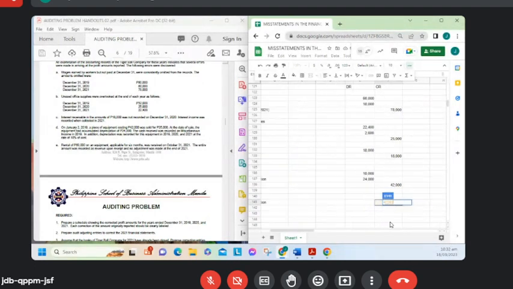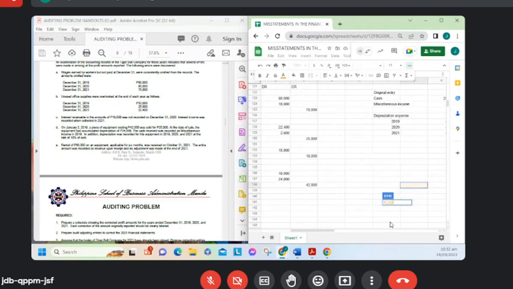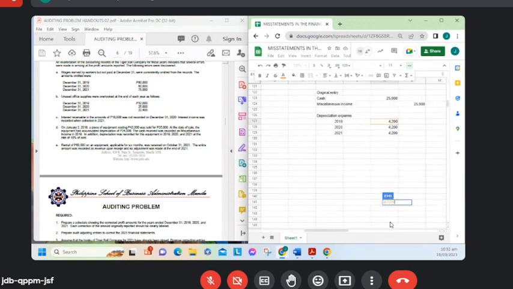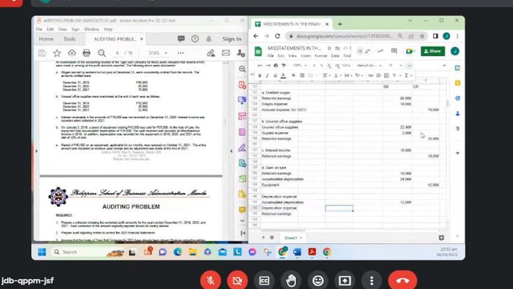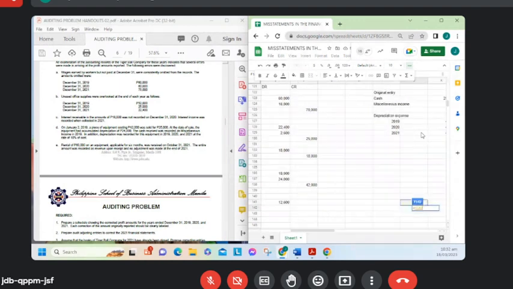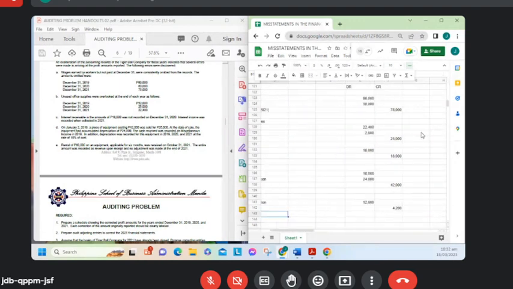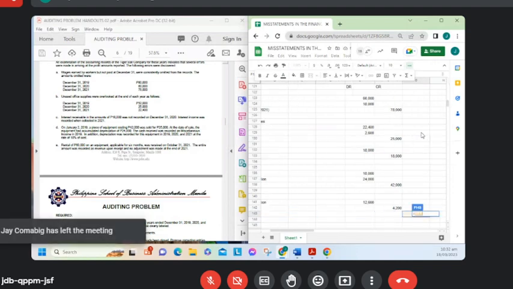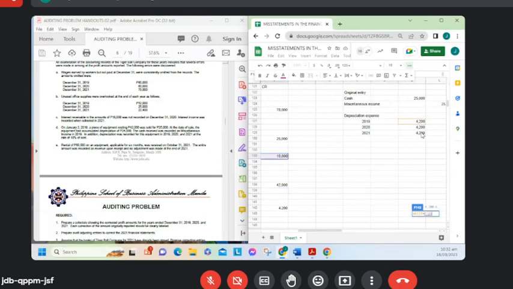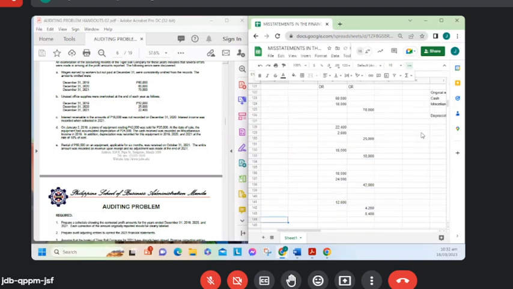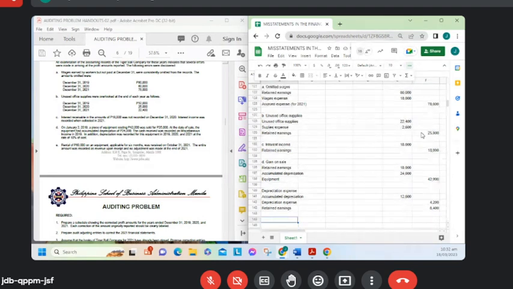So the accumulated depreciation will be the total of these three plus 1. Then the depreciation expense will be for 2021, and the retained earnings is for the 2019 and 2020 expenses. Okay, so that's for letter D.